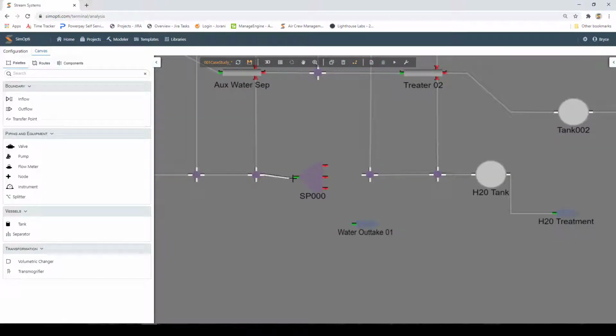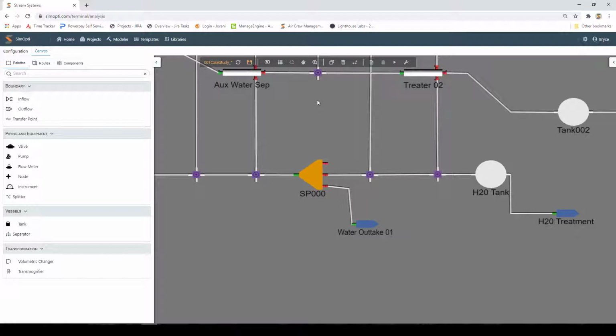And we can simply reconnect all of our lines, straighten these lines out a little bit, and save our network.